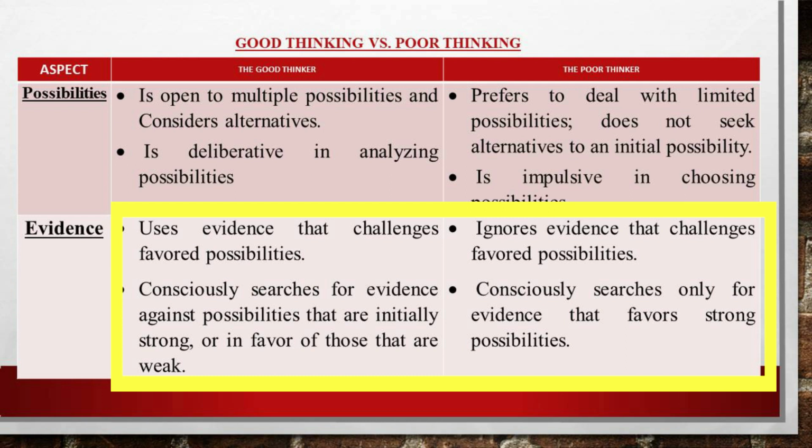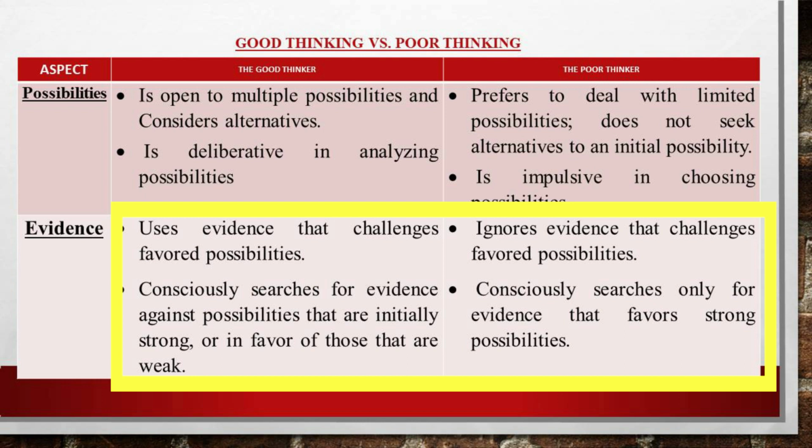Again, when we speak about a good thinker in evidence, a good thinker uses evidence that challenges favorite possibilities. Also, a good thinker searches for evidence against possibilities that are strong or in favor of those that are weak.